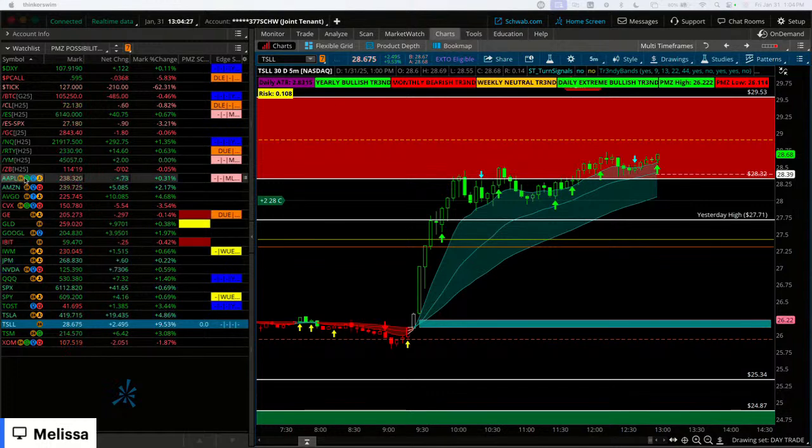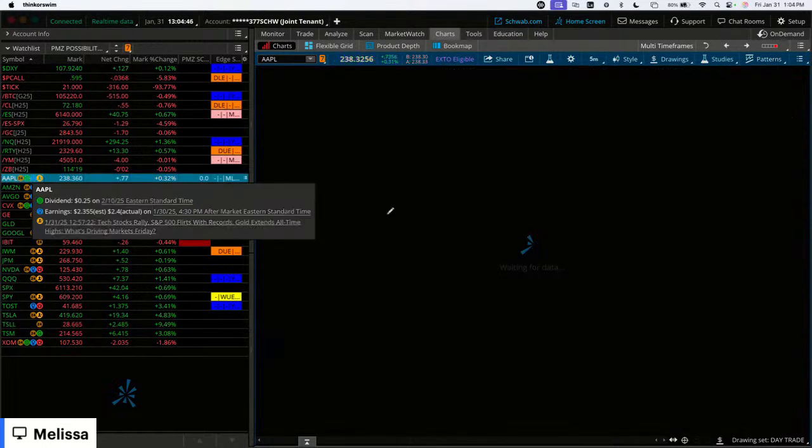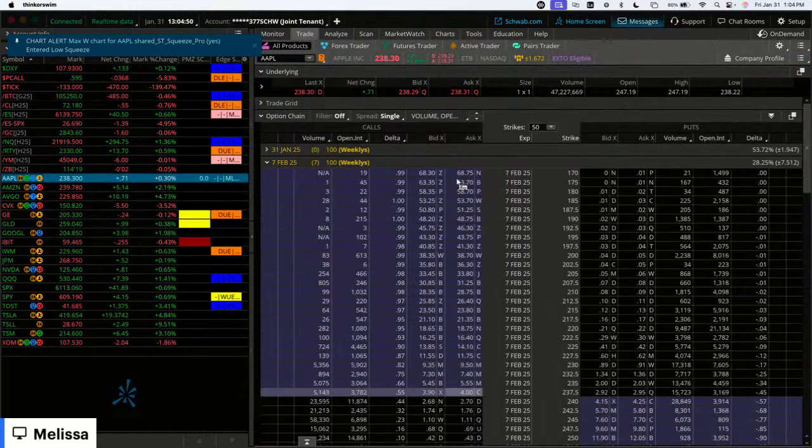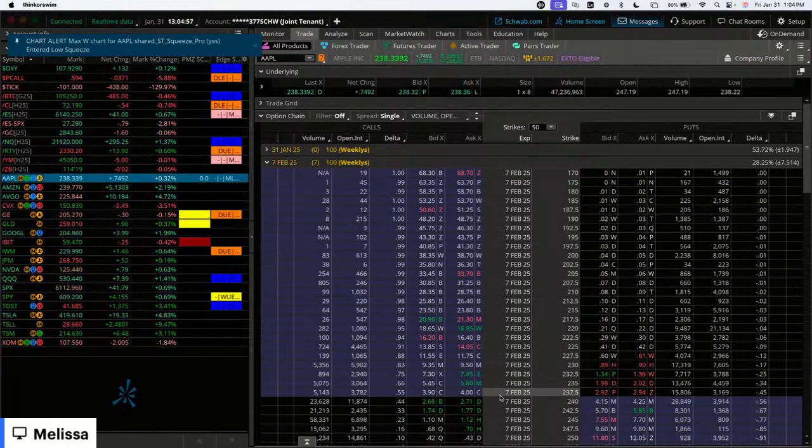The second thing is I make sure before putting a name on this list that the option price at the money is affordable for my account size and the amount of money that I allocate towards each trade. So, for an example, let's use Apple. If I was day trading Apple on a Friday, I'm going to choose the following Friday's expiration.